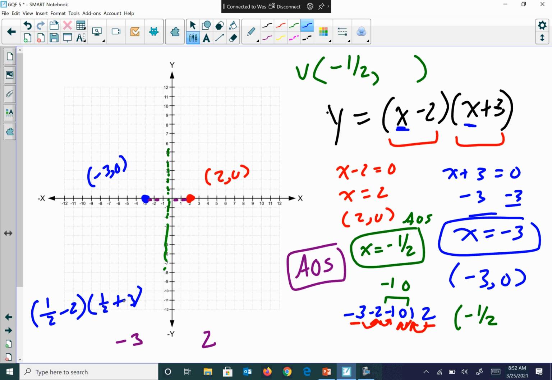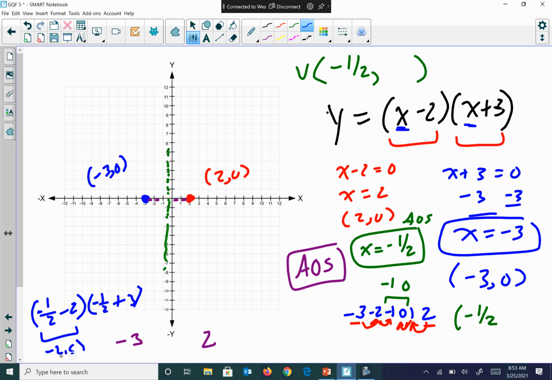I have something called a calculator. 1 divided by 2 is 0.5 minus 2. Wouldn't it be negative 1/2? It is negative 1/2. All right. So negative 1/2 minus 2.